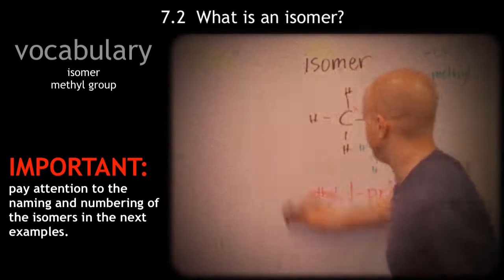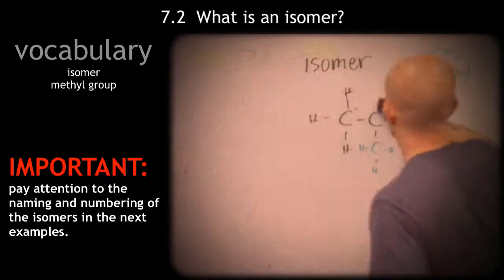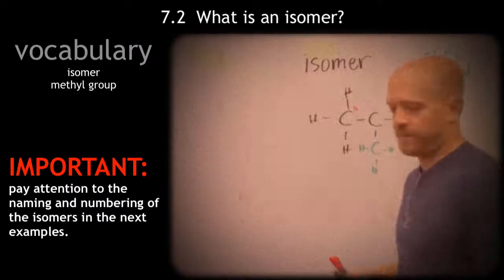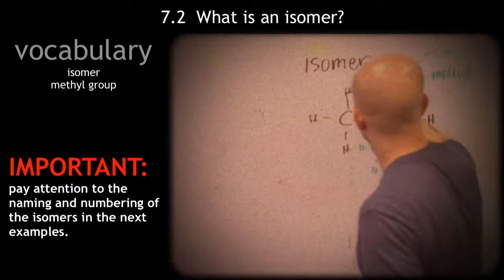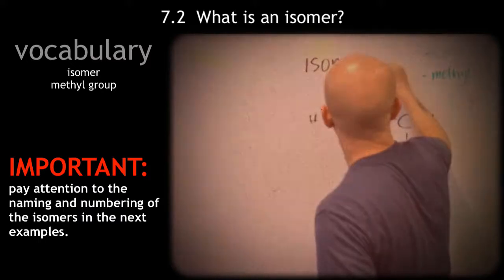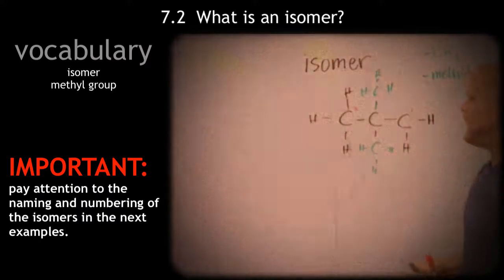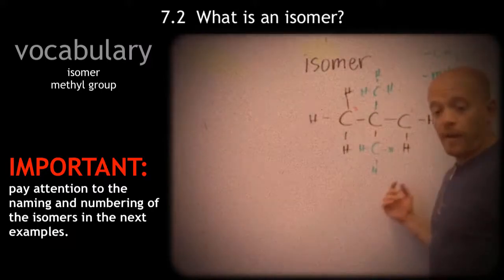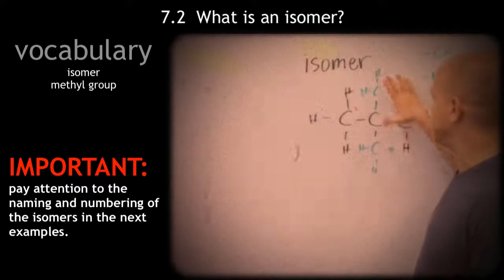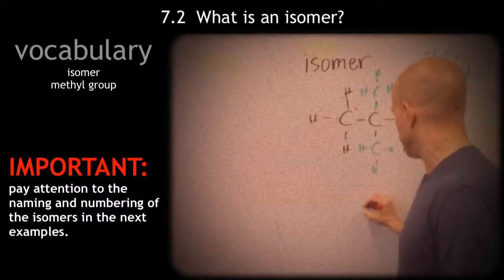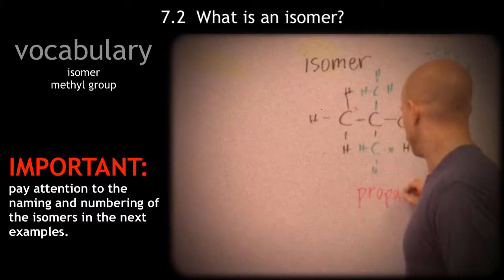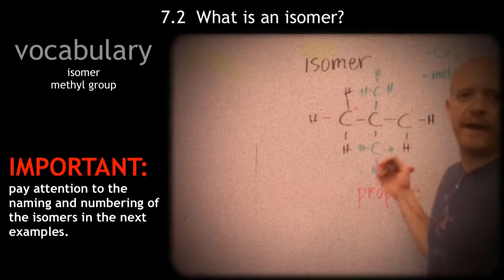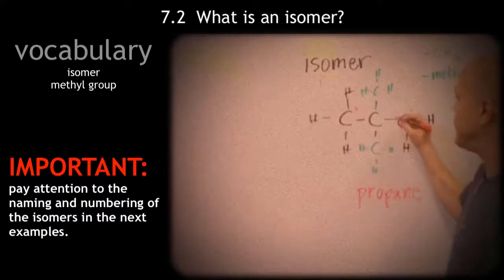Let's do one other example. Now, we're still going to keep the propane backbone, but now we have 2 methyl groups sticking off of that middle carbon. Our backbone is still 3 carbons, but now we have 2 methyls. It's still going to be propane, but now we have to say that we have 2 methyls and where they are.